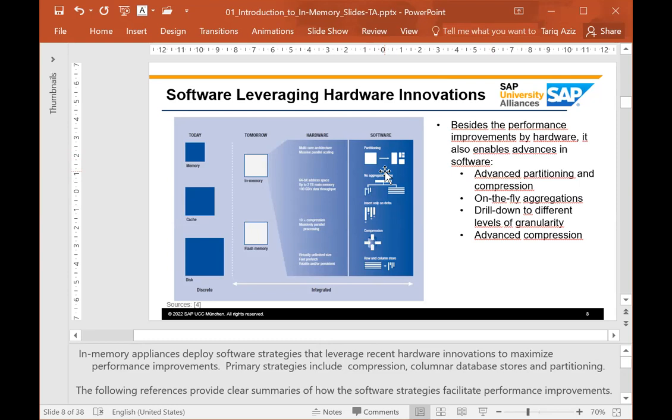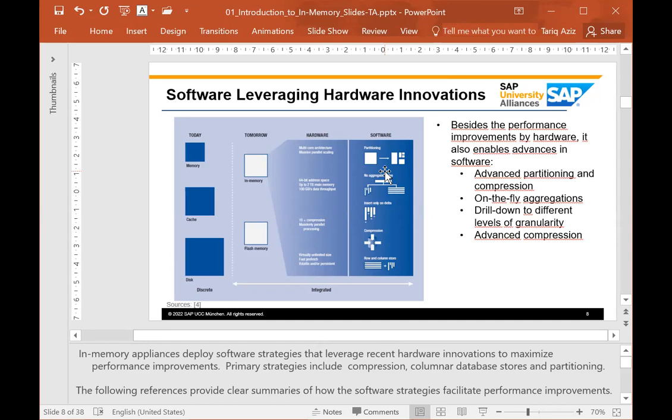When I say compression, imagine you have data in a database of maybe 20 or 25 gigabytes. When we compress the data and put it into the RAM, it becomes like 5 or 3 gigabytes, something like that. So much compression.